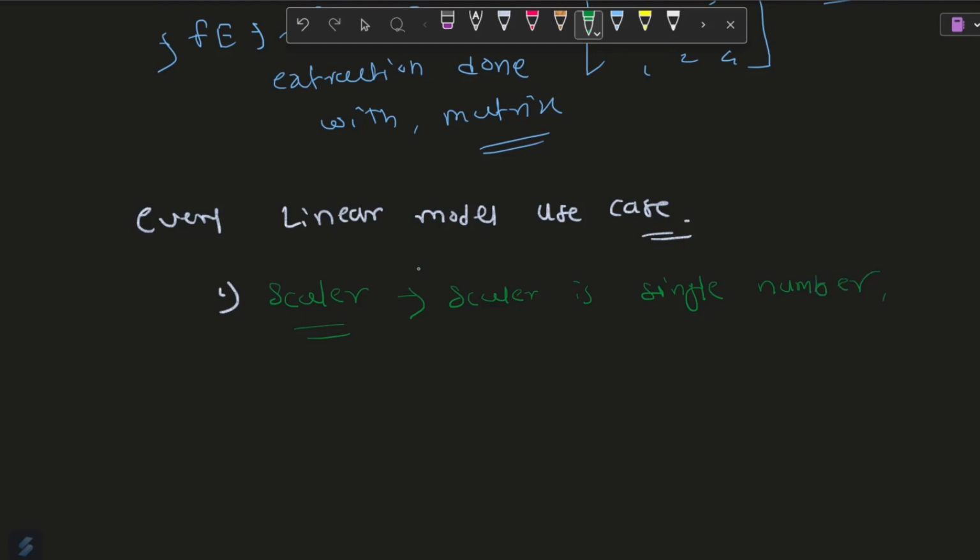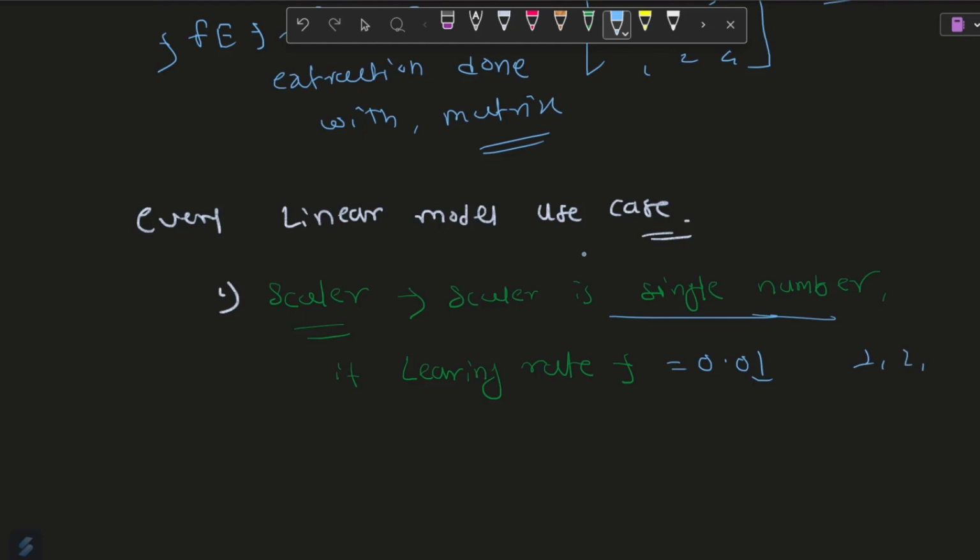Basically, it's a single value, a single number. Try to understand: a scalar in simple terms is a single value.